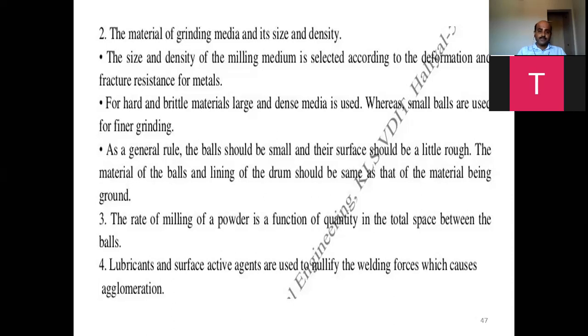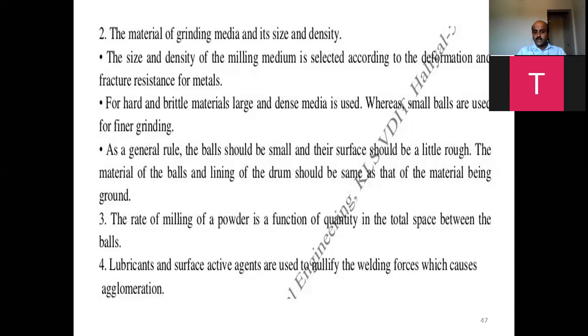As a general rule, the balls should be small and their surface should be a little rough. The material of the balls and lining of the drum should be the same as that of the material being ground. In a sense, one important thing, the general rule you are supposed to follow for any kind of media, is the ball should be small and its outer surface should be a little rough.